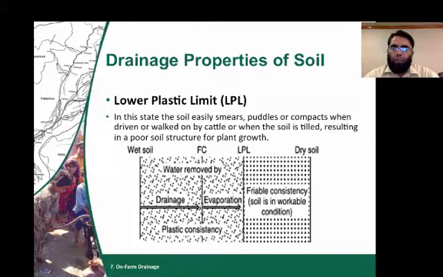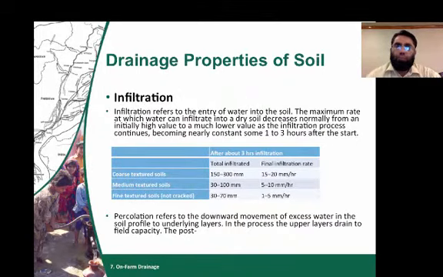Below field capacity there is a certain moisture level at which, if the soil's moisture content is high, the soil can smear or puddle or compact. So that is basically the lower plastic limit.